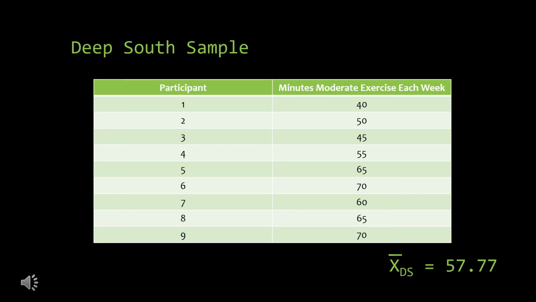We know that because of sampling error, that 57.77 is not supposed to equal 150. But is it so far away from 150, the mu for the other group, that we would not expect our mu to be 150? Or is it pretty close to 150 so that we would expect that mu of 150 even though our sample mean is only 57.77?